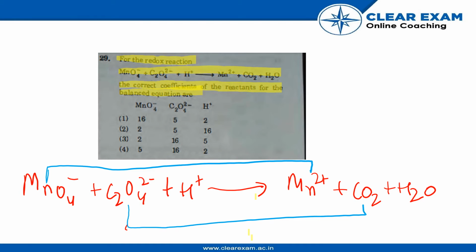I'll just add the oxidation numbers: 7 plus 3 plus 4.